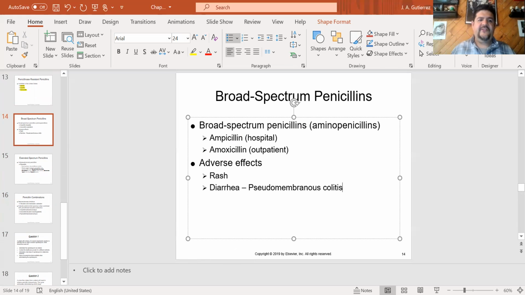So when the patient tells you, I'm having diarrhea due to the antibiotic, you need to do a triage regarding pseudomembranous colitis, because this is considered a superinfection. And again, superinfections are secondary to antibiotics.